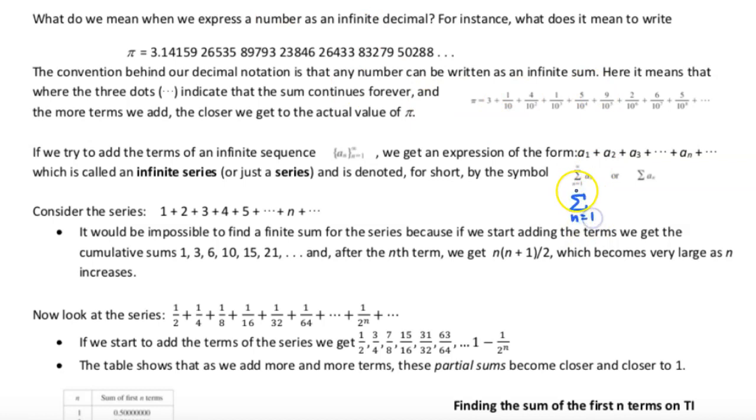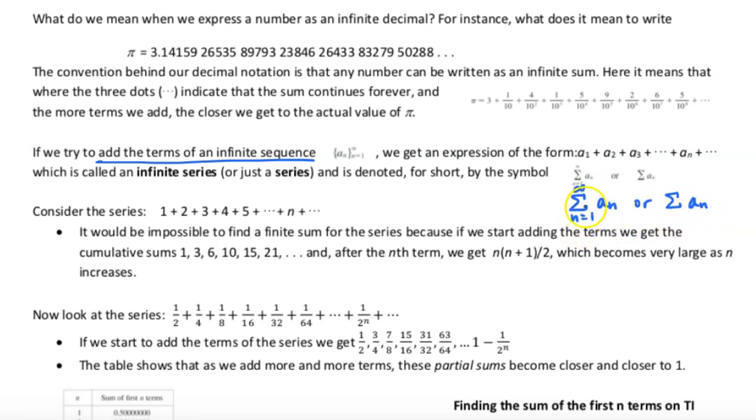starting at n equals 1 and going to infinity of a sub n, or we just have the summation of a sub n. This just denotes that it is what happens when we add together the terms of an infinite sequence. So we're adding together all of these terms of an infinite sequence.